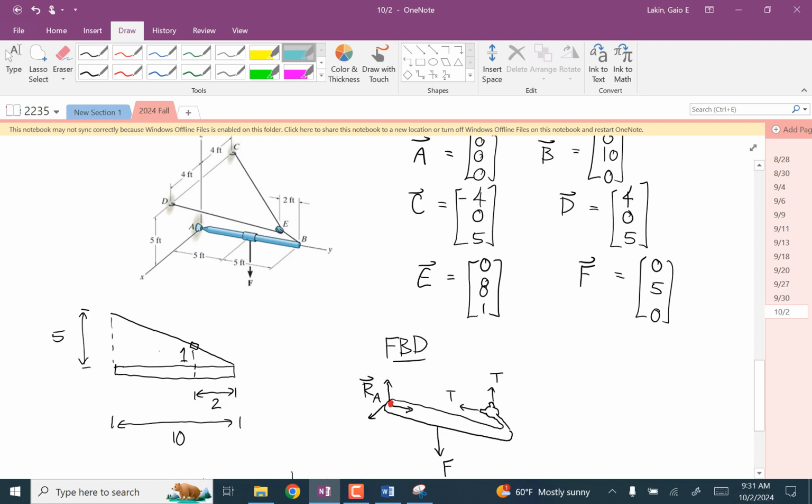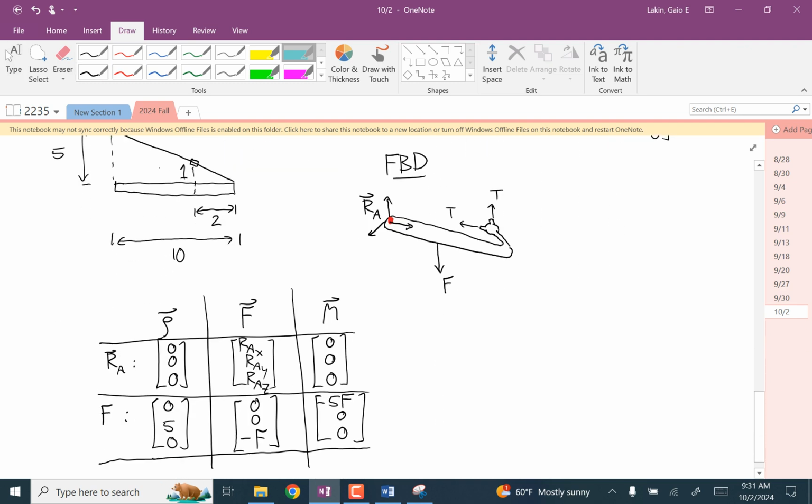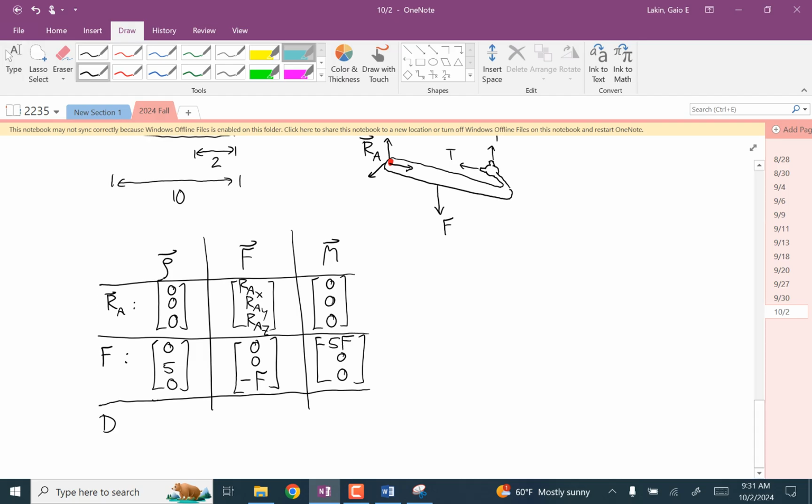And then let's think of the cable tension to D. Like I said, the tension is going to be the same, but the directions are going to be different.